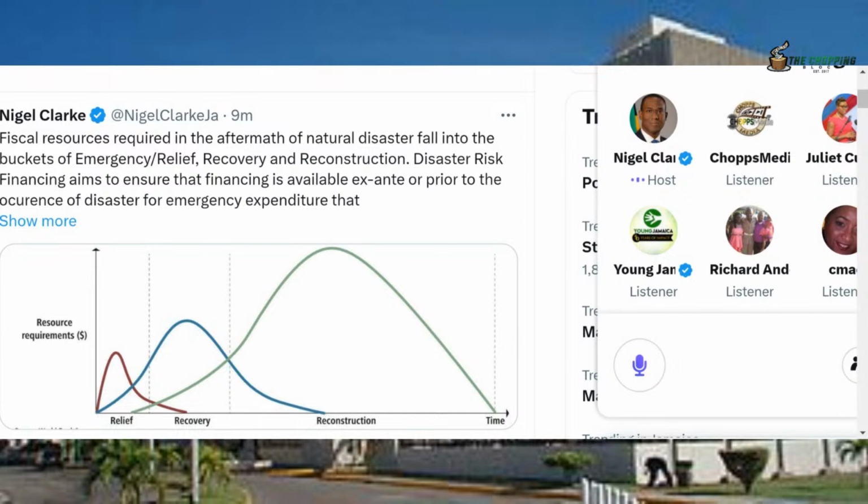So I would like to, well, let me back up a bit and say two more things on catastrophe bonds, and then we can open for questions, and I can possibly share some more images that might be useful for the discussion.